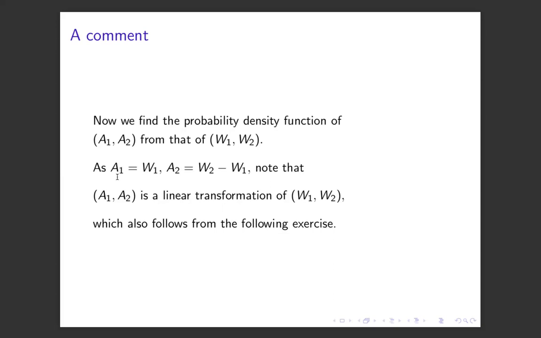Note that A1 is the same thing as W1, and now you can write A2 as W2 minus W1. So basically (A1, A2) is a linear transformation of (W1, W2). That is what we are going to state next.